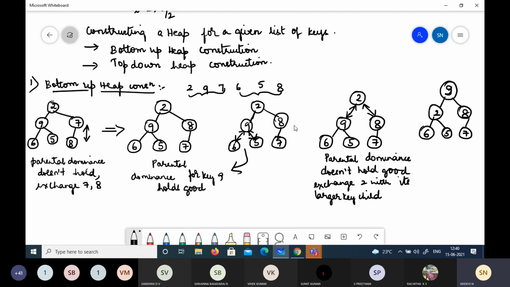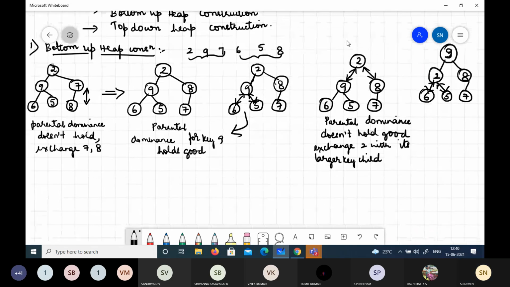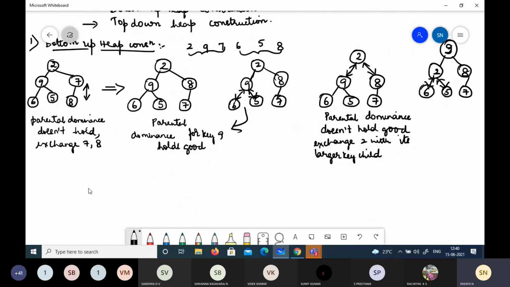So what's the next thing? As we have checked with the subtree, we found that there is no dominance here and we are exchanging this. Okay, and I'll write down here 9. So these are the steps.